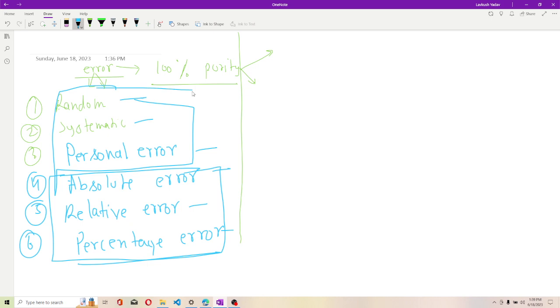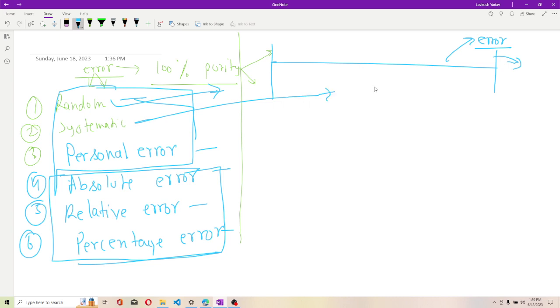And random error is when something happens inside due to which that error happens. Like suppose somebody has to measure this length and he is not measuring it accurately. He has left some spaces from the end, so there can be some error because you cannot get the exact length. So that can be the random error.